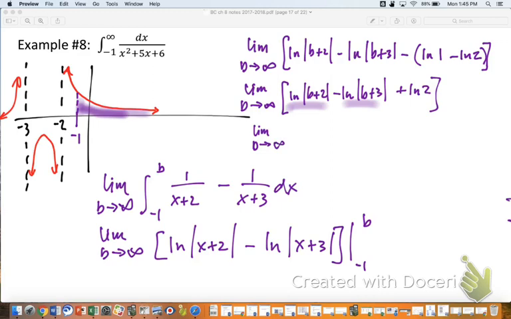Did anybody think about condensing this log? If you're subtracting logs, how could you condense? Division. Yep. So it'd be natural log of b plus 2 over b plus 3 plus ln of 2. And here's where this gets super awesome.